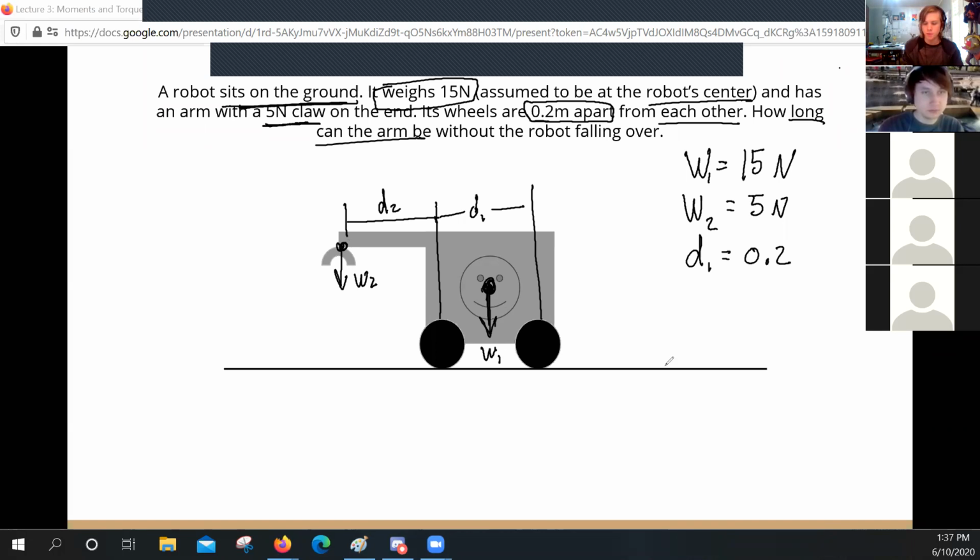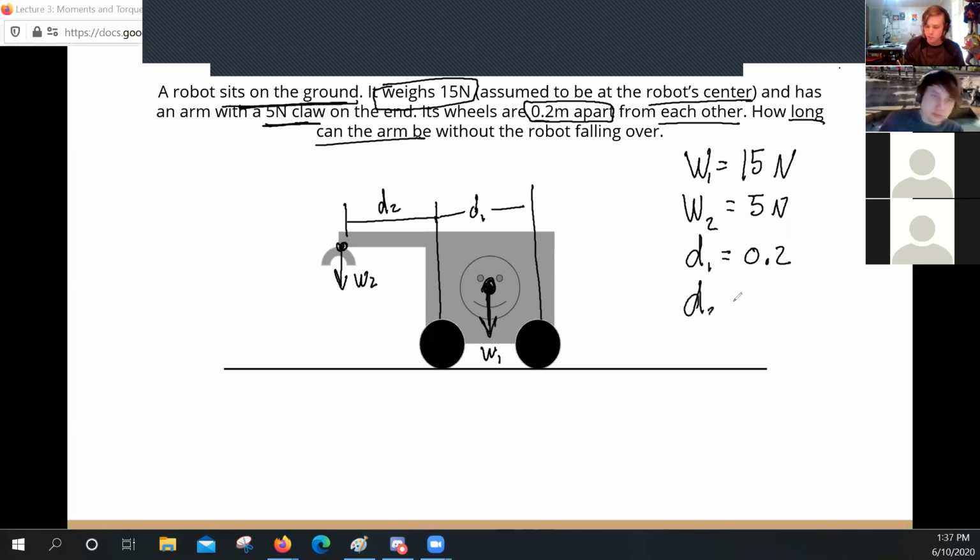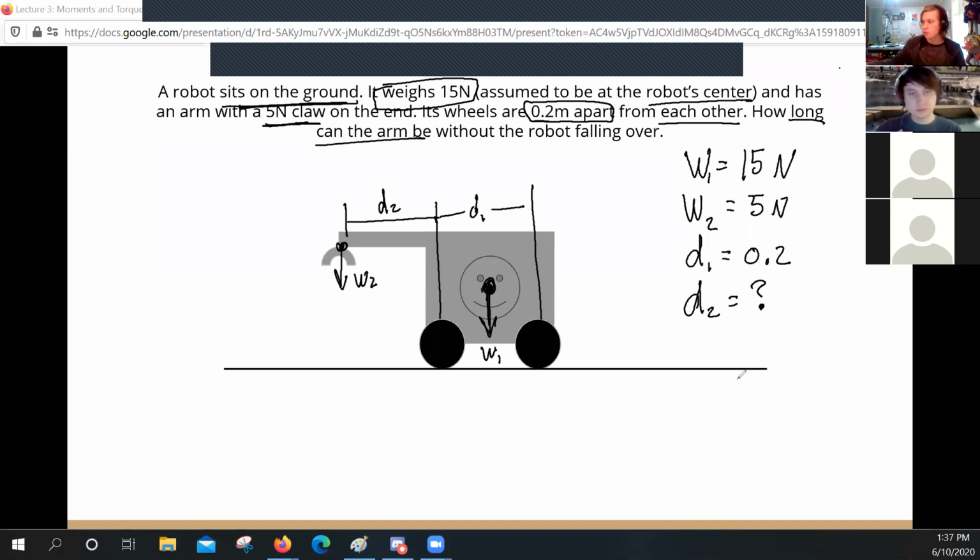Can anyone tell me what the first step is to finding out what D2 needs to be? I will wait here all day. Alex, what's the first step?